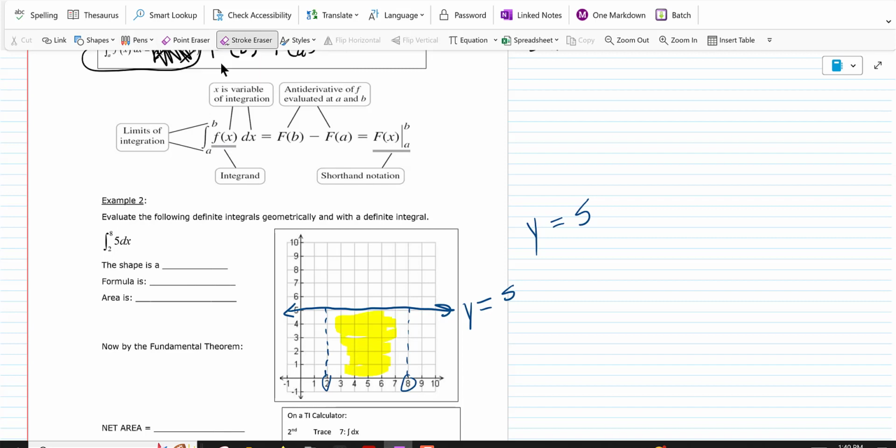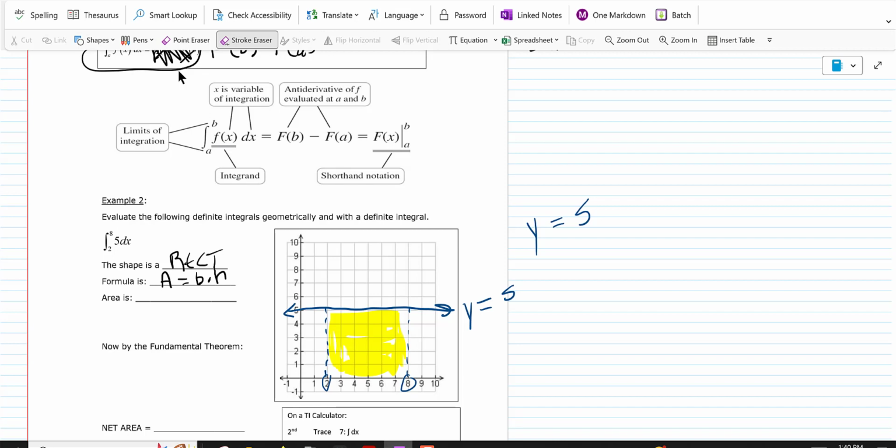So this definite integral is doing the area under that curve. And you can find that because it's a rectangle, right? It's just one big rectangle. The area of a rectangle is base times height.